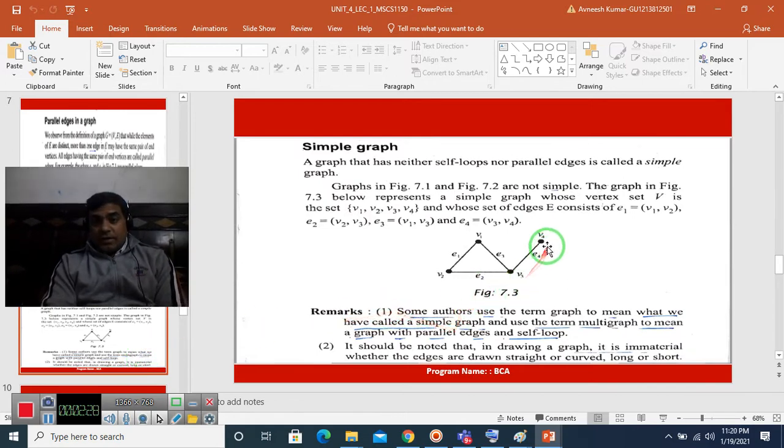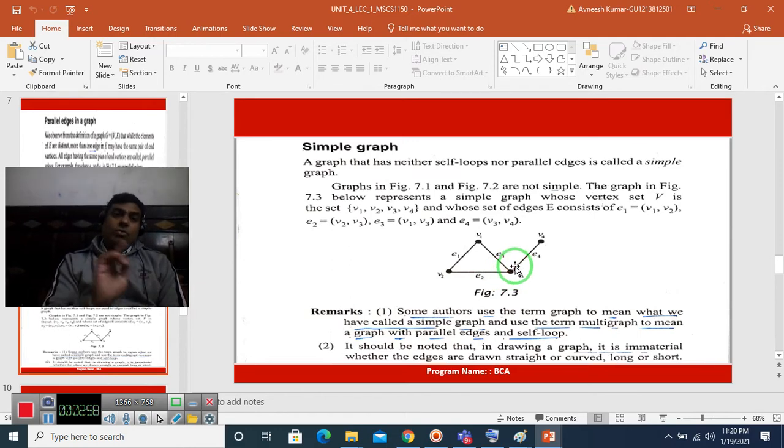So it is saying that b1, b2, b3 and b4. b1 and b3, and b4 and b3 are adjacent edges, because they have one vertex in common.